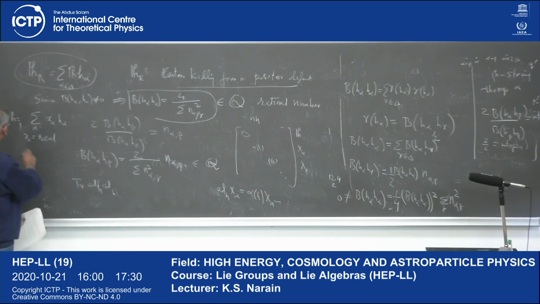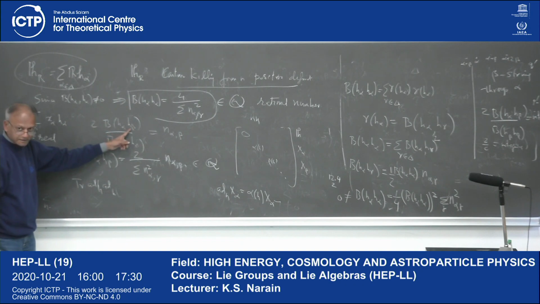Okay. So now if I take similarly H and H prime, if I take for example B of H, H prime, where H prime is again of this type, this is all going to be real because you just use the linearity properties. Then at the end of the day, it will involve a real number X alpha times X beta times B of H alpha H beta.